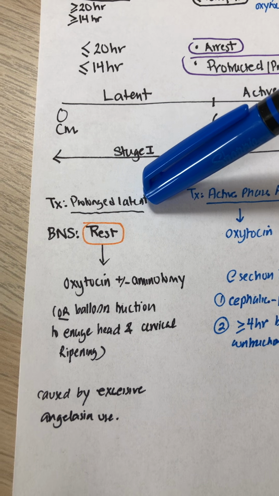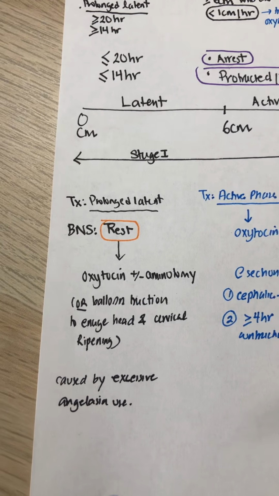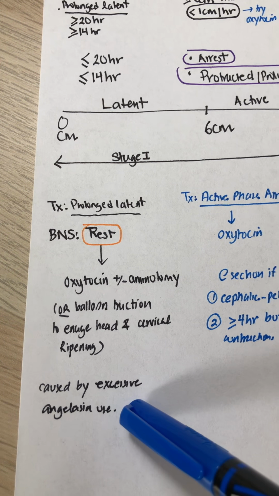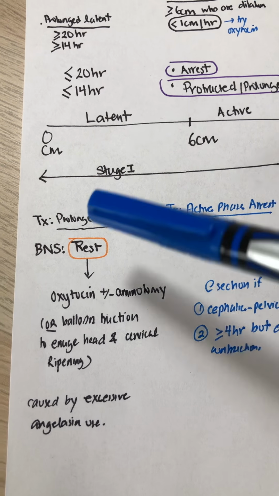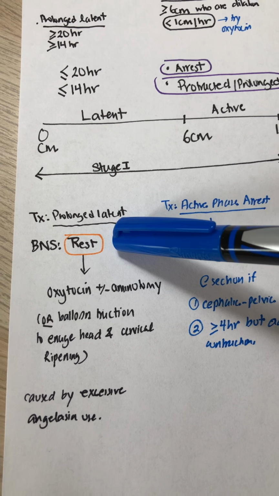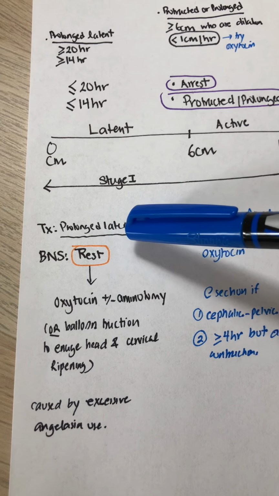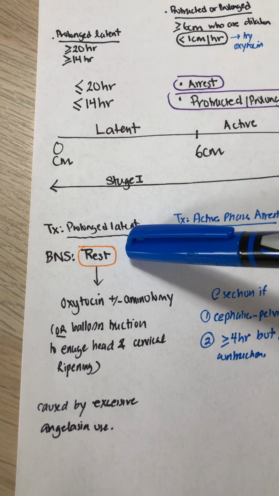The prolonged latent is most likely caused by excessive painkiller. So usually you put the mom at rest, and when the mom is not tired anymore, it will eventually go on.